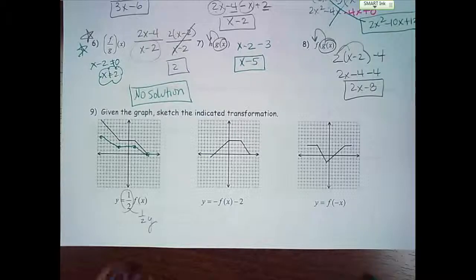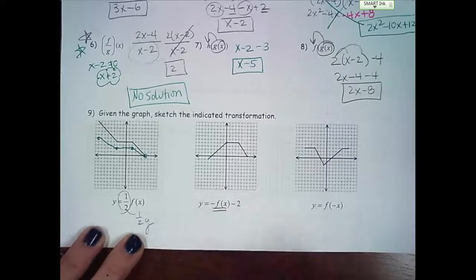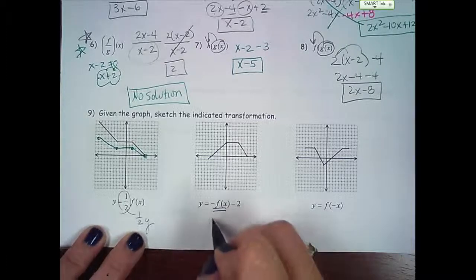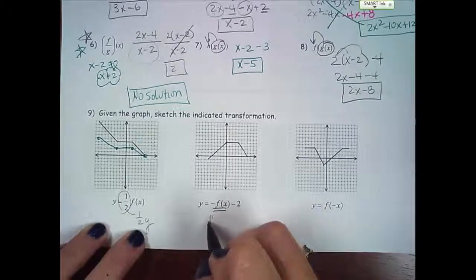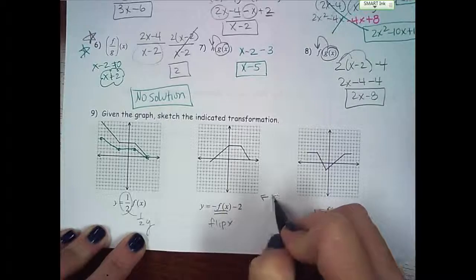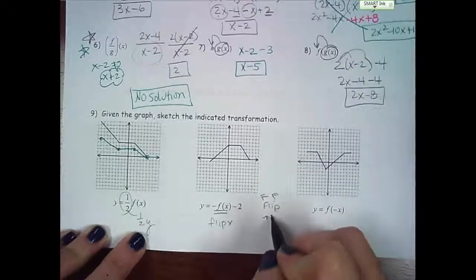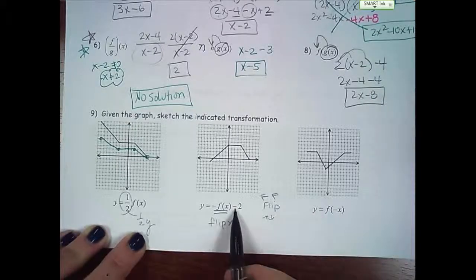Okay, this problem here. Remember, this means flip x, right? So you're going to flip x. But before that, remember the order that we do things: left and right, flips and compressions, and then up and down. So you're going to flip, and then you're going to go down 2.